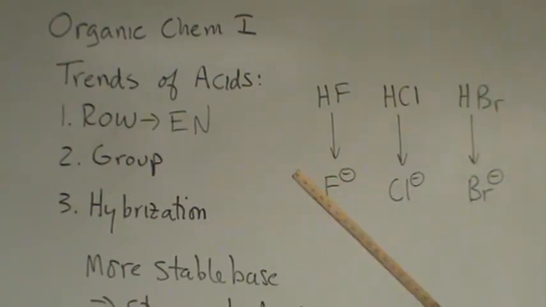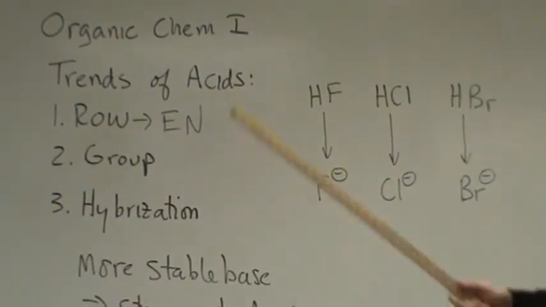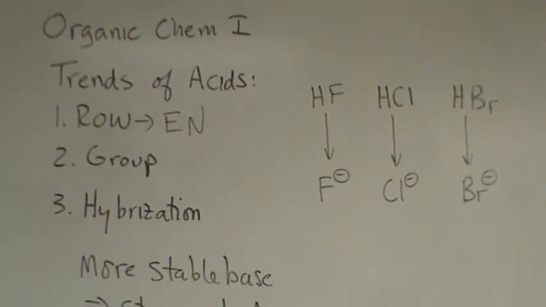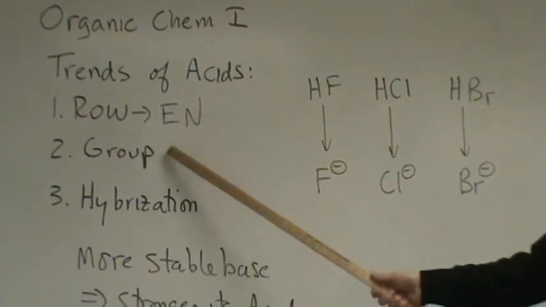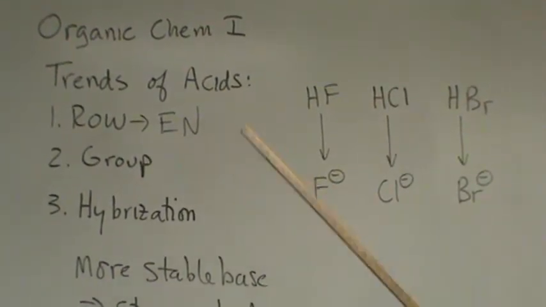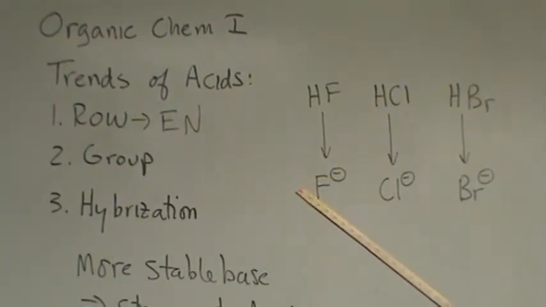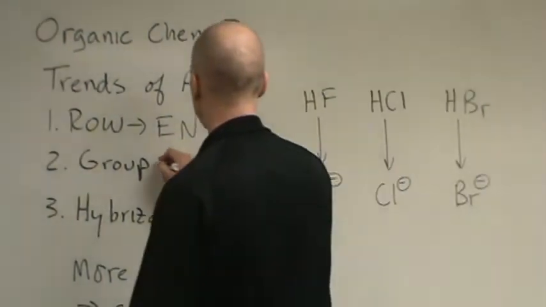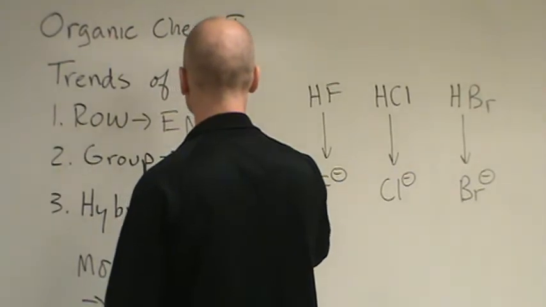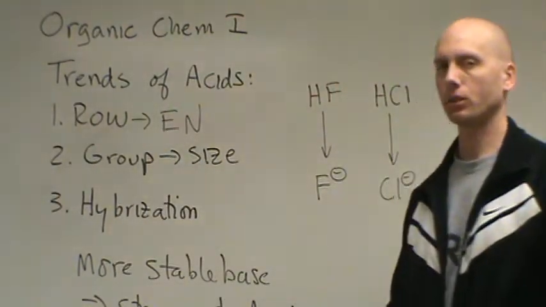Note that each of these are in the same group, or in the same column of the periodic table. So here it's a different argument than an electronegativity argument. Here it's going to be what we call a size argument.